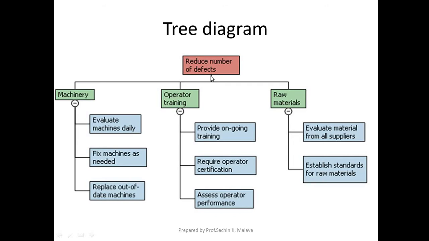So what is a tree diagram? It is a systematic approach to break down broad categories into finer and finer details. You try to break down a broad category into its finer and finer details.